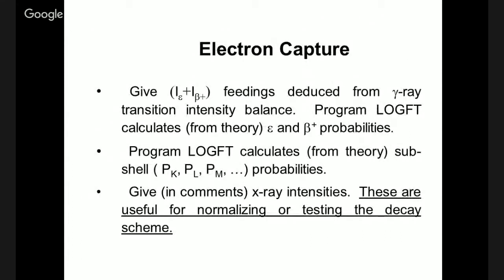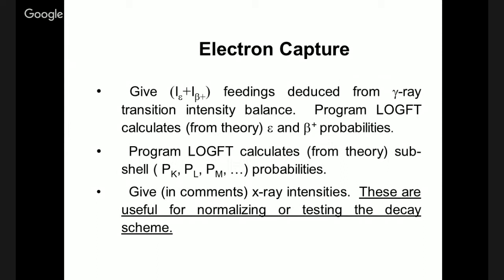The feedings are deduced from the transition intensity balance, the same as for betas, except that here we say we have electron capture and beta plus, if there is enough energy for beta plus, of course. The program log FT calculates from theory subshell ratio probabilities. And we give in comment the measured X-rays.